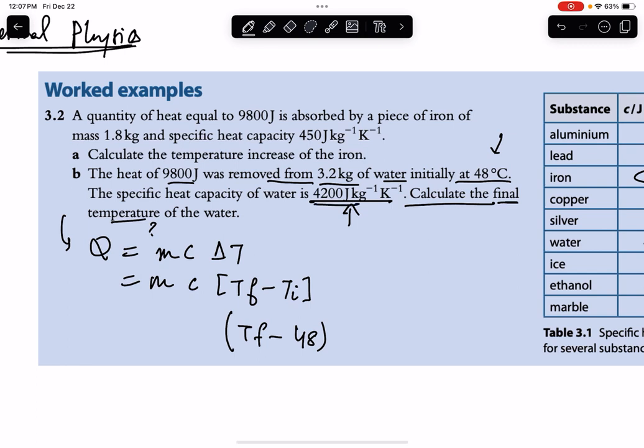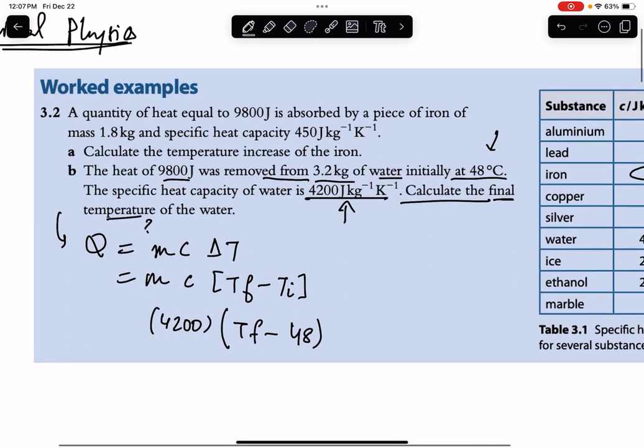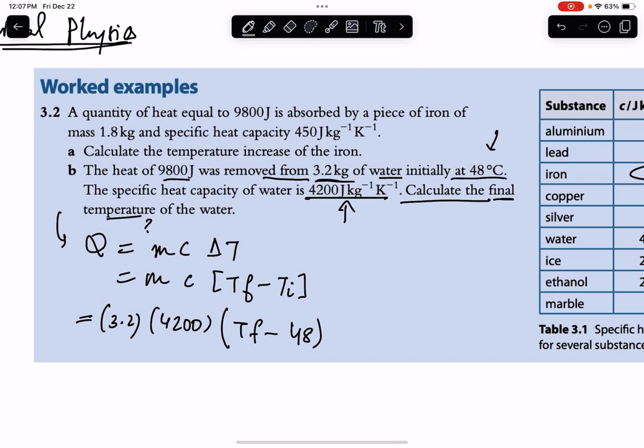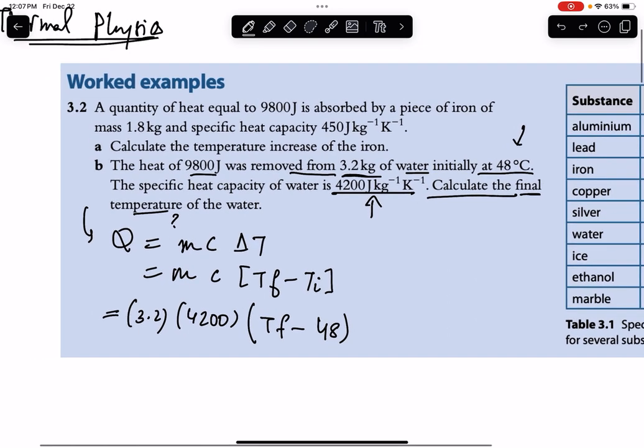They give us the specific heat capacity at 4200 joules per kilogram per Kelvin, and the mass of the water as 3.2 kilograms. They also give us Q, which in this case is 9800.